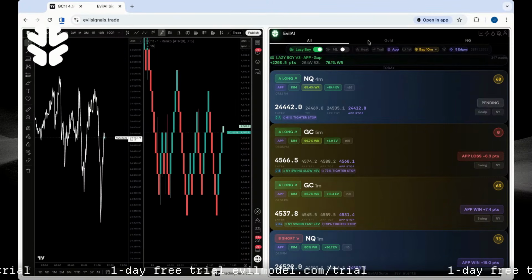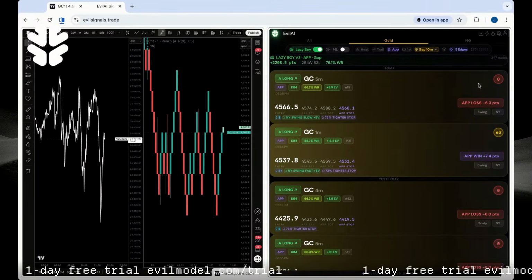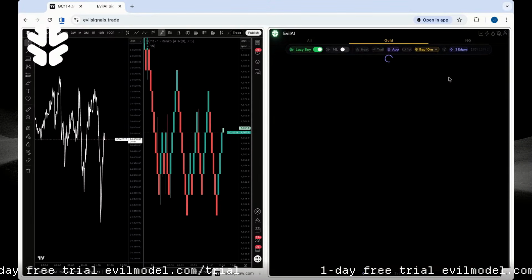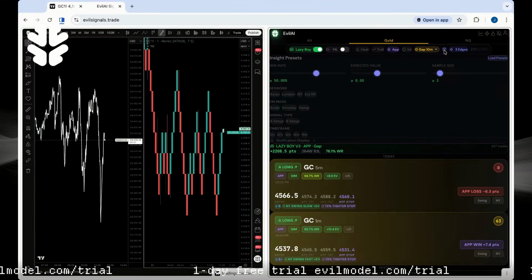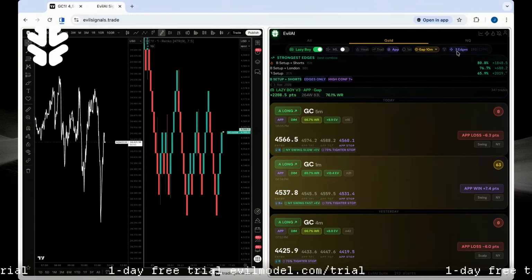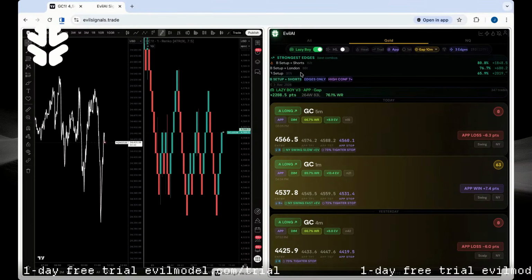All gold NQ, all this is showing. If you want to filter for, say, NQ or GC on its own, you can have this, and then it will have these filters too. You can see what current edges are active, right?